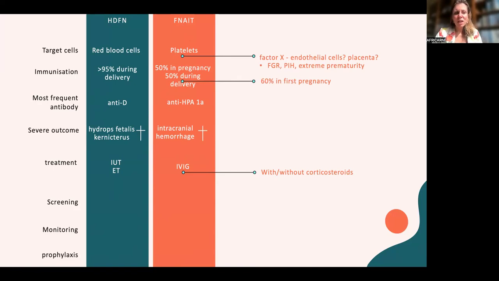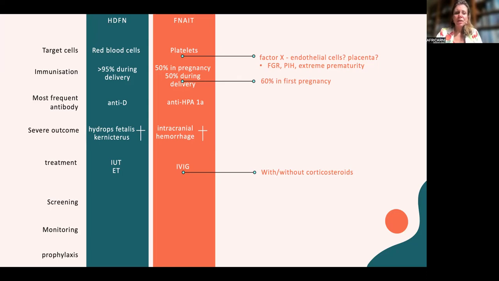The most frequent antibody for HDFN is anti-D, as we all know. In FNAIT, it's anti-HPA-1a. The severe outcomes differ. We know that HDFN and FNAIT have severe consequences, both resulting in fetal or neonatal death. But in HDFN, we find hydrops fetalis and kernicterus, while in FNAIT, we find intracranial hemorrhage.